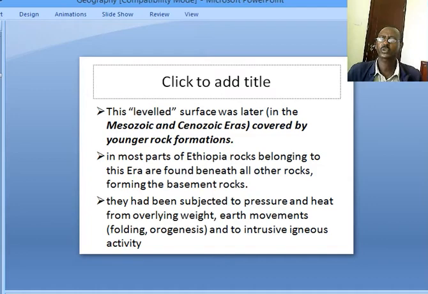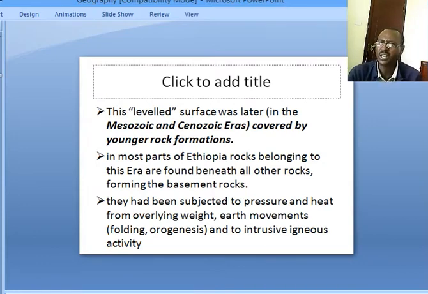This level surface was later seen in the Mesozoic and Cenozoic eras, covered by younger rock formations. In sedimentary rock, in a specific period of time, sediments will be accumulated in one area.